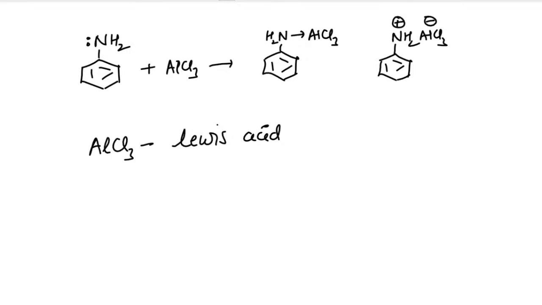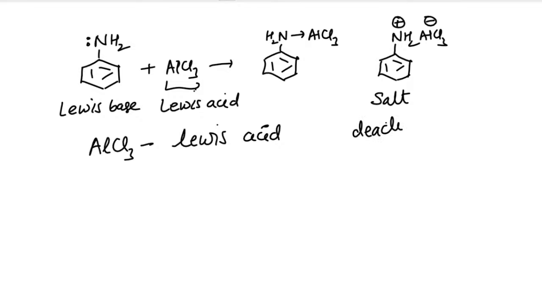That deactivates the benzene ring, and that is why electrophilic substitution reactions involving alkylation and acylation are not feasible. Very, very important. Why does aniline not respond to Friedel-Crafts alkylation reactions? The reason is that AlCl3, which acts as a Lewis acid, will react with aniline, being a Lewis base, and form the salt, and then nitrogen gets positive charge and therefore it deactivates the benzene ring.